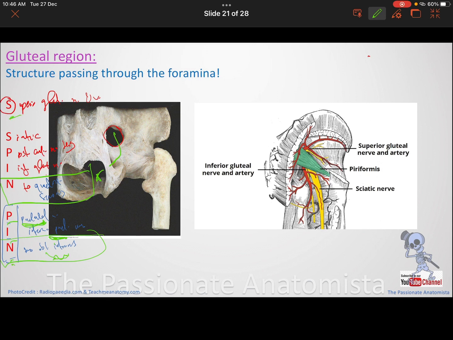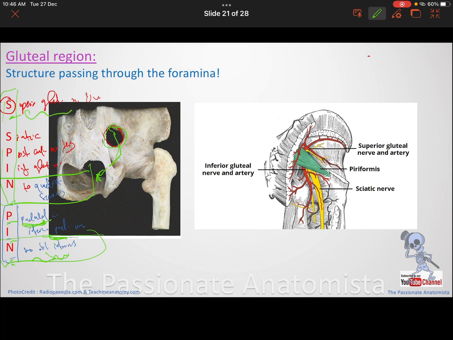However, the S-spin, these are the structures that will come out from the greater sciatic foramen, and they don't want to enter back. Why? Because they are either going to the gluteal region, or they want to continue the journey to the posterior thigh. So the pin are the structures that come out and enter back: pudendal, internal pudendal, nerve to obturator internus. Now, what is the S-spin?